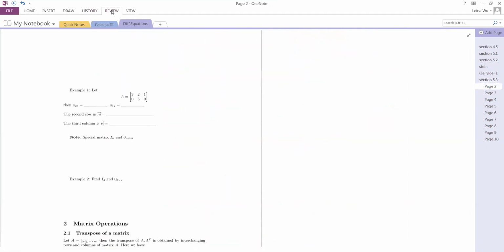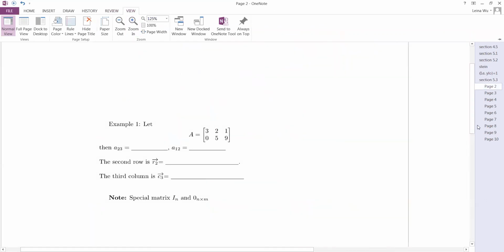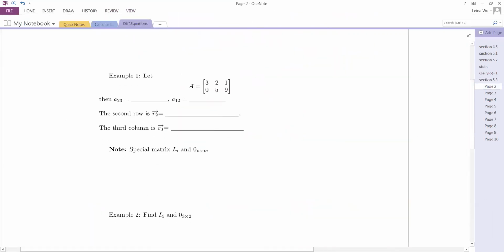Page 2. Example 1. Let matrix A be given as 3, 2, 1 in the first row and 0, 5, 9 in the second row. Then a_{2,3} equals what? 9. It's second row, third column, so that's going to be 9. a_{1,2} would be 2.